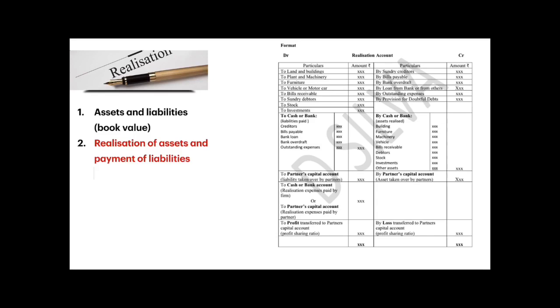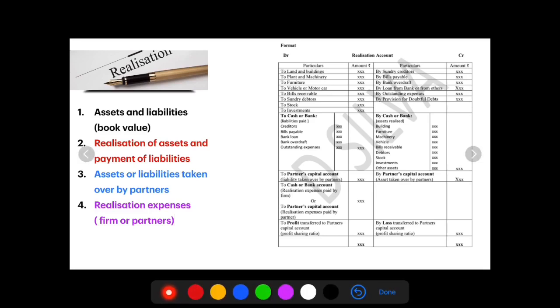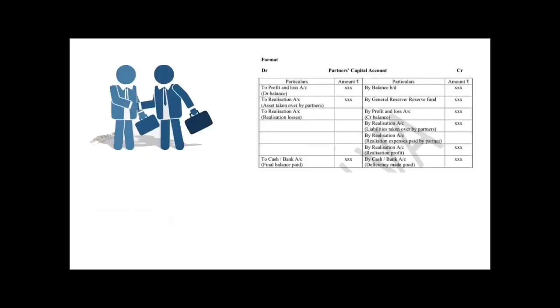Followed by, you need to check if there is any asset or liability taken over by partners. And finally, specify the realization expenses which are either paid by the firm or partners. On preparing realization account, we will either get profit on realization or loss on realization, which is shared among the partners in the profit sharing ratio.